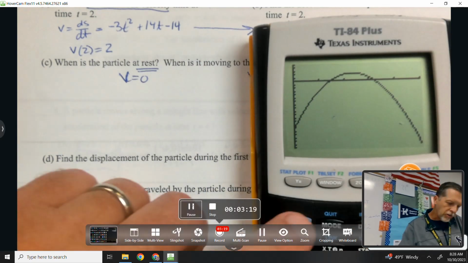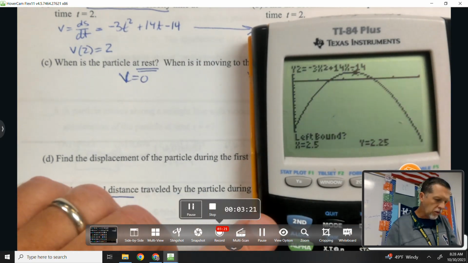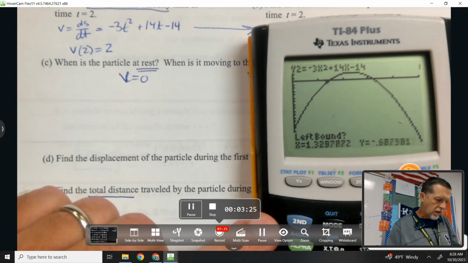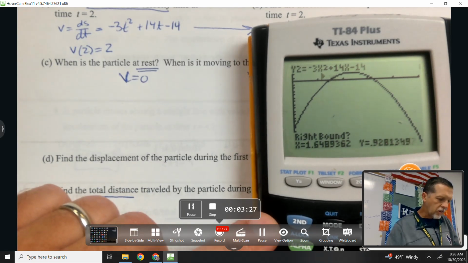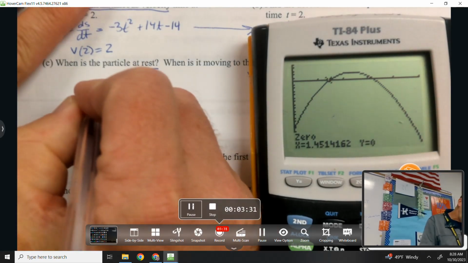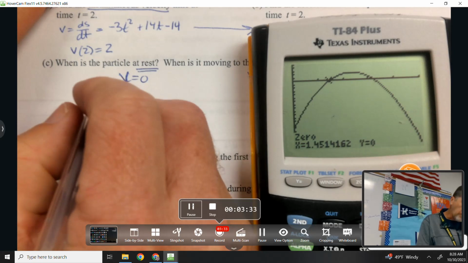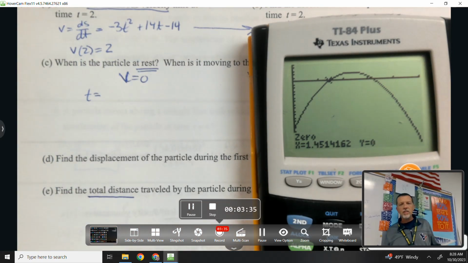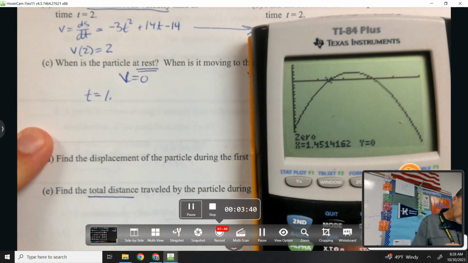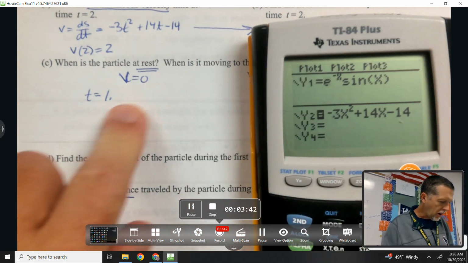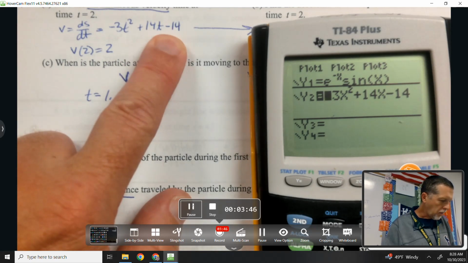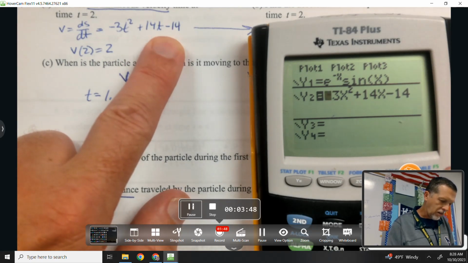So let's find those times. Second calc 0. Left bound. Get to the left of the 0. Right bound to the right of the 0. Okay, I'm glad I went with the calculator version because I wasn't ever going to get a nice answer factoring. Which makes me wonder, did I put that in there right? Negative 3x squared plus 14x minus 14. Okay. Yes.